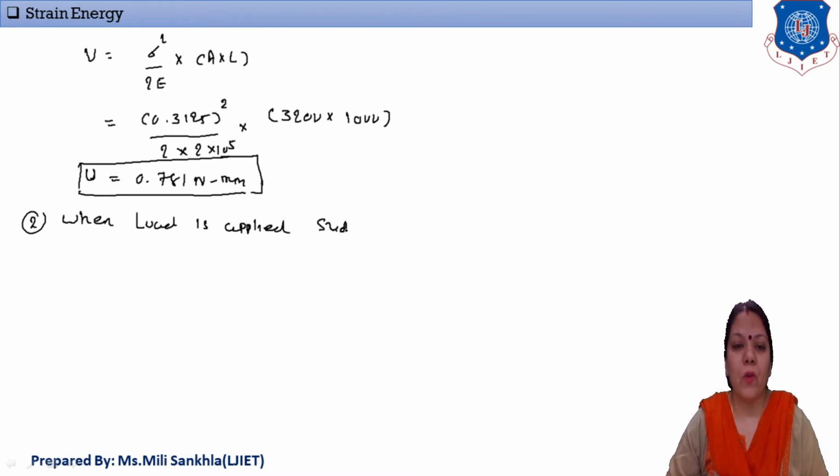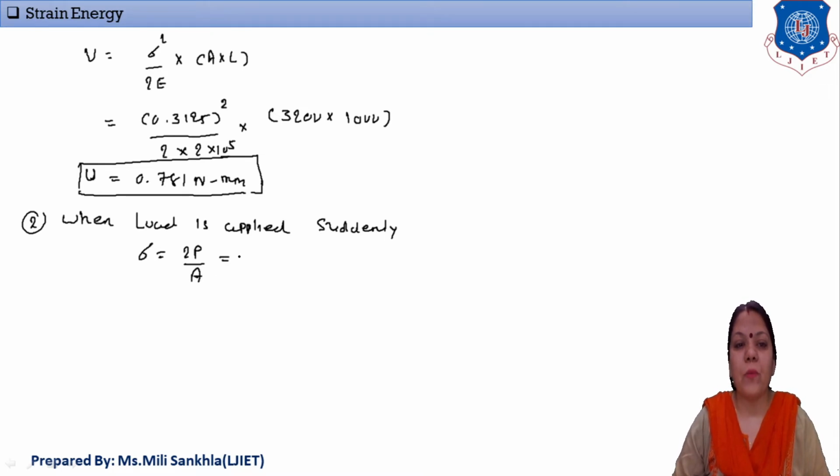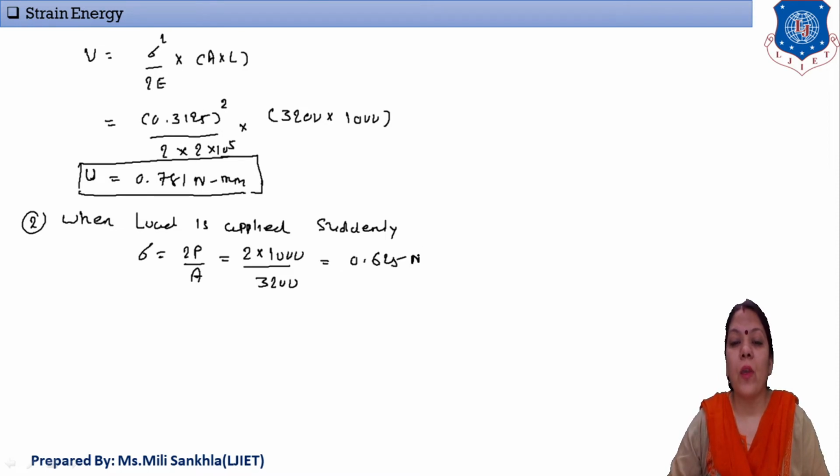What is the equation of stress for that? Stress is equal to 2P by A. Now simply put the values here: 2, the value of P is equal to 1000 and the area is equal to 3200, and my answer is 0.625 Newton per mm square.